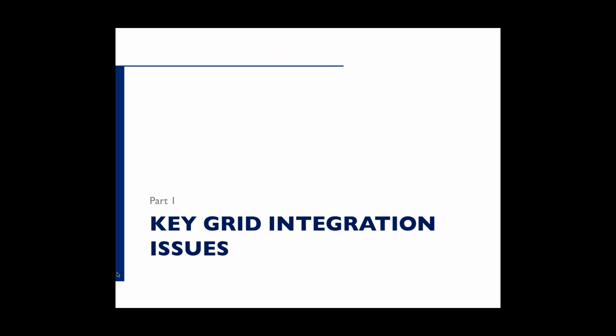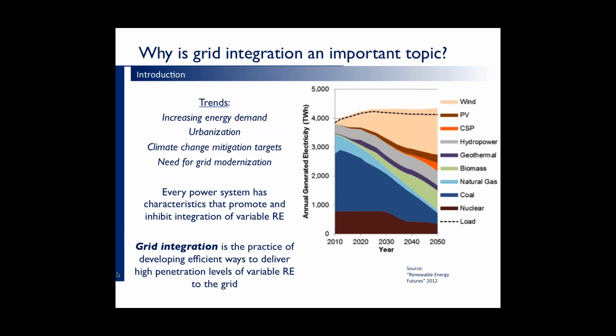So moving on, the key grid integration issues section of this. The reason that grid integration is important is that we see trends in many countries where we've got a combination of an increase in demand. In many cases, we have an increase in urbanization, which is obviously connected to increasing demand for energy.